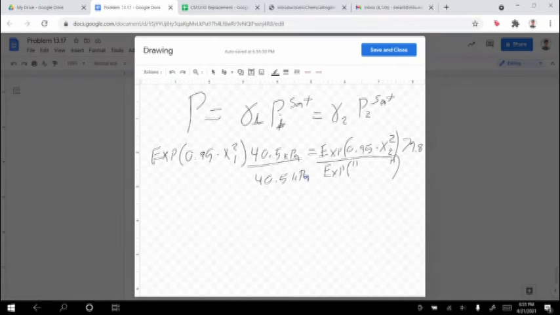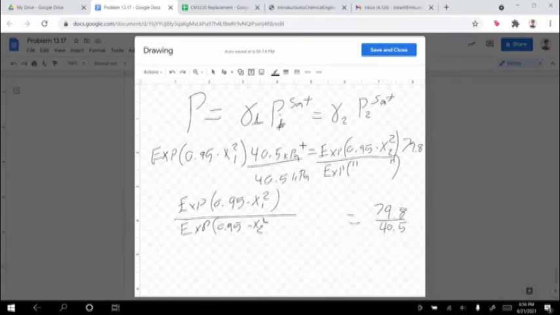And what we end up with is 79.8 divided by 40.5 on the right hand side of the equation is equal to the exponential of 0.95 multiplied by x1 squared, divided by the exponential of 0.95 multiplied by x2 squared.